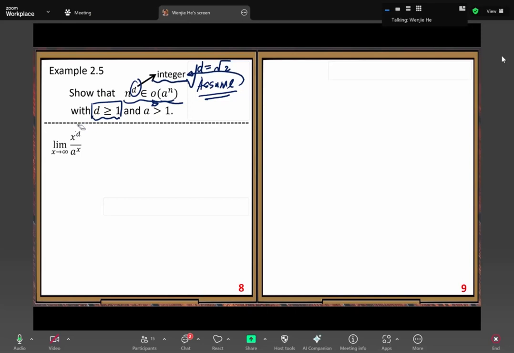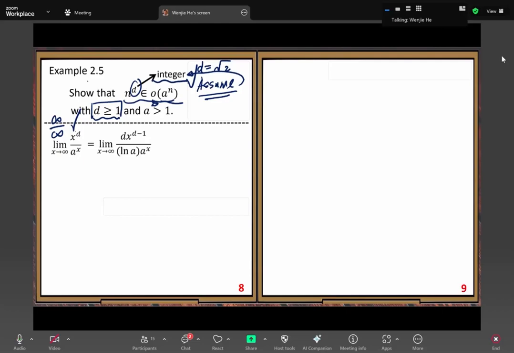Now we plan to apply L'Hopital's rule. So we check the indeterminate form condition. No problem, it's an infinity over infinity indeterminate form. So now we can apply L'Hopital's rule. Then we take the derivative. The numerator is a power function, and we have the formula for its derivative: d times x to the d minus 1.